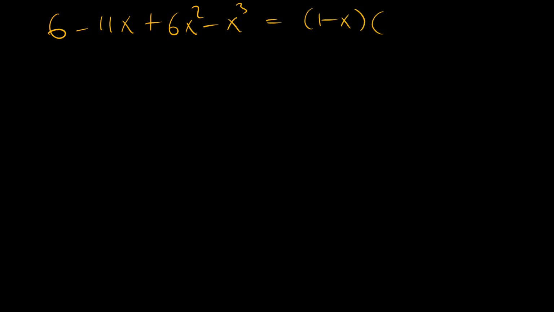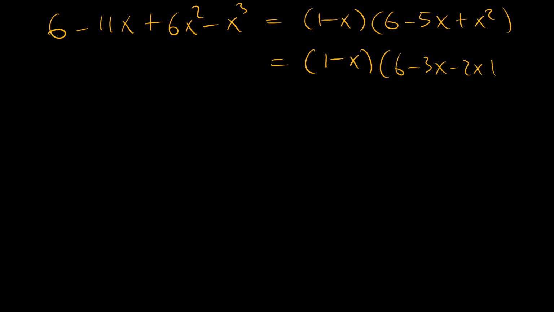So we have 6 minus 11x plus 6x squared minus x cubed being equal to 1 minus x, and we do have 6 minus 5x plus x squared, which is 1 minus x times 6 minus 3x minus 2x plus x squared.